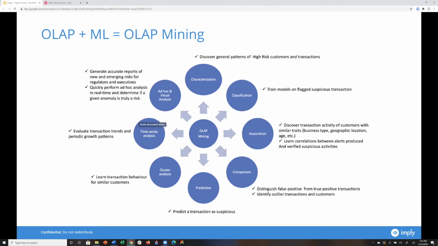And then going back to that global community network, right, where you bucket each transaction to be suspicious or not. And then you can actually compare different transactions, distinguishing false positives from true positive transactions, and identify outliers as well. And many more, right?